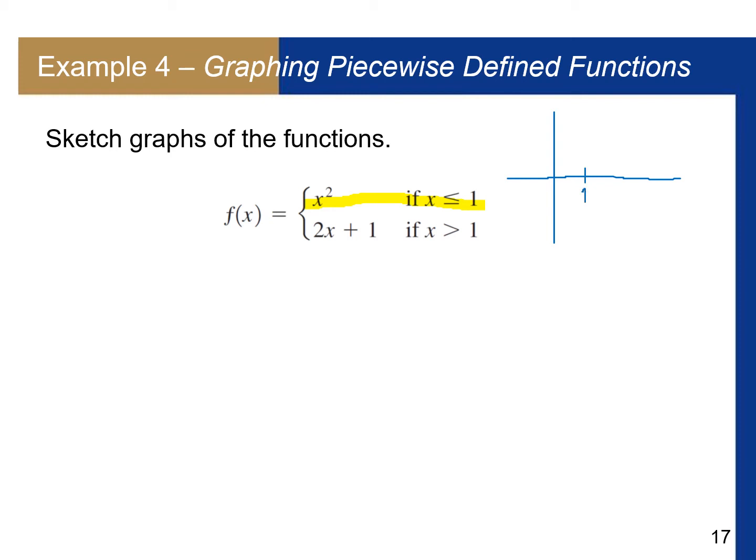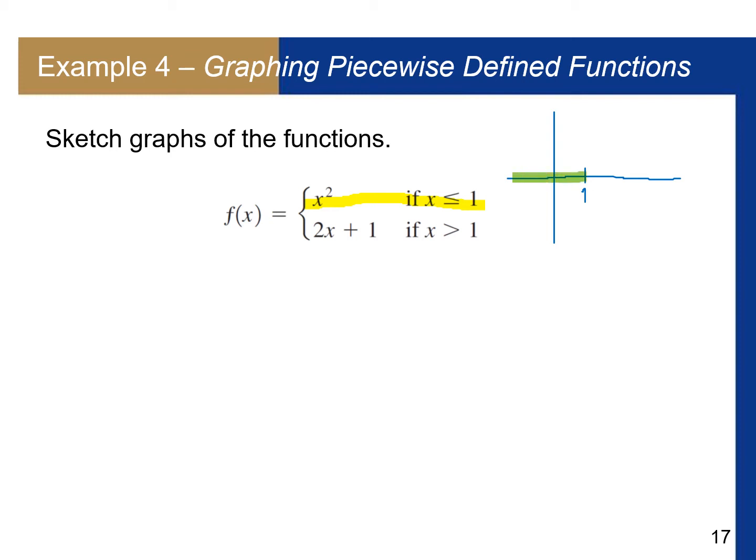Okay, so this is my number 1. All right, so this tells me that before or equal to 1, I'm going to use this function. So before and equal to 1, this area right here, let me highlight it with maybe a light green color here.